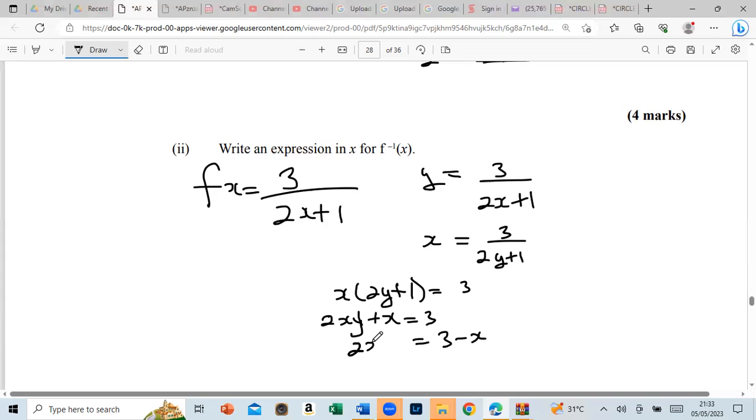So we're going to do it to xy. Probably I could rewrite it as y to the negative 1.